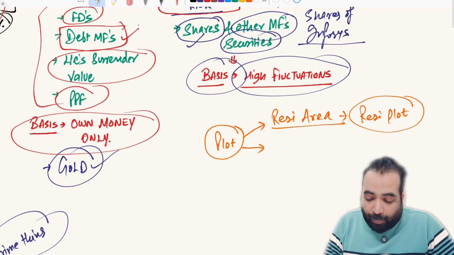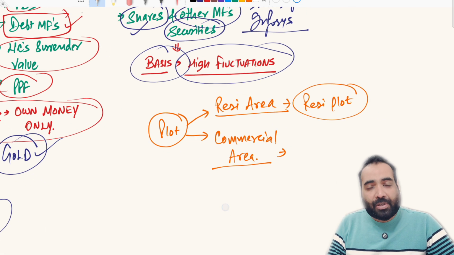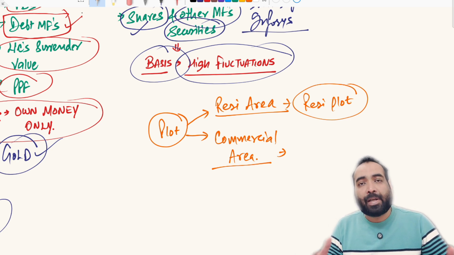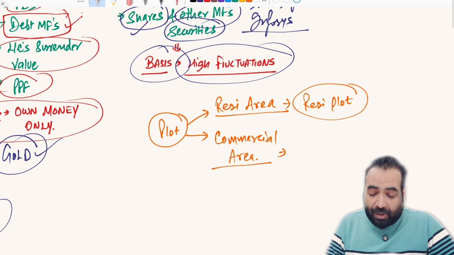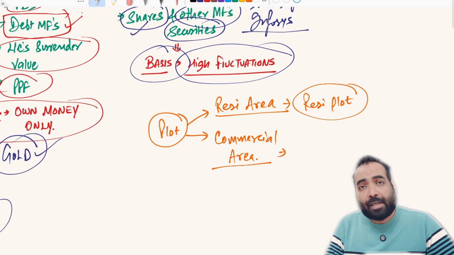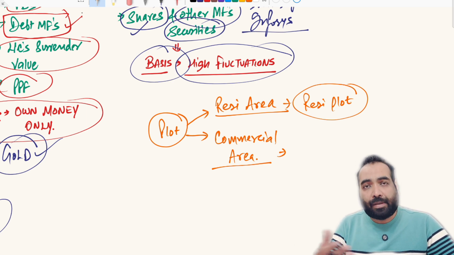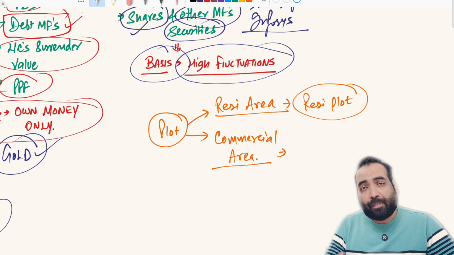Similar to this, the second preference is a plot located in a commercial area. The commercial area, you very well understand, is the area dominated by shops, offices, and local markets. If the plot is located in an area that is good, with decent occupancy of various shops, then this is a second preference.